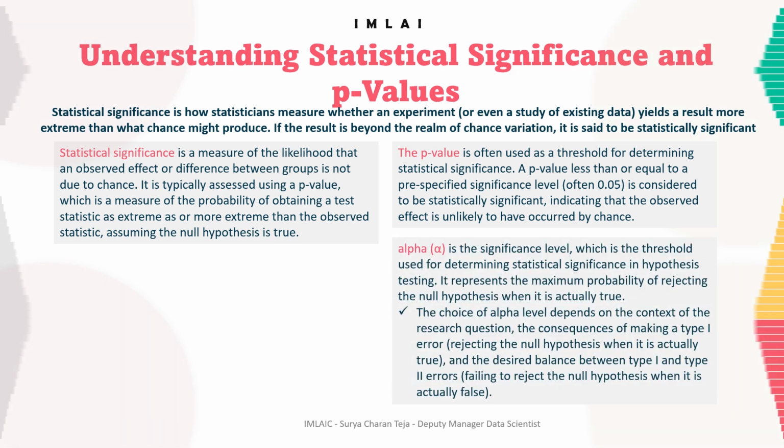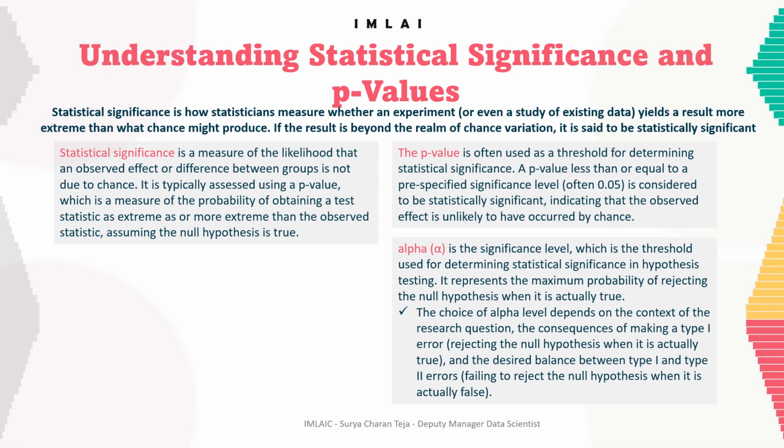Now, alpha, the significance level. Alpha is the significance level, which is the threshold used for determining statistical significance in hypothesis testing. So without this alpha, you can't decide. If you want to determine statistical significance, you need two parameters: one is the p-value and the second one is alpha.